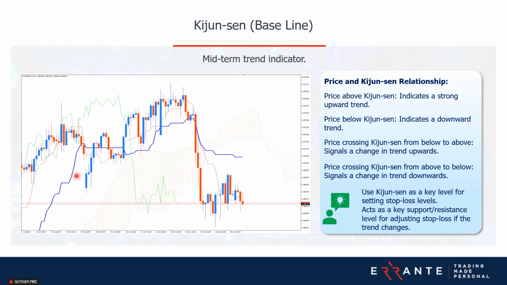The way it works is to put the stop loss below the Kijun-sen in a strong upward trend, and above the Kijun-sen in a strong downward trend. But you always need to put it at a distance as a buffer from the Kijun-sen, below or above it.